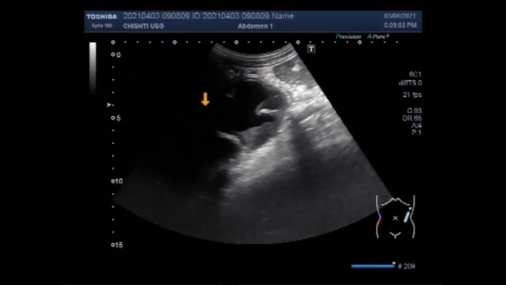Now this is the kidney, left kidney, and you will see the tracing of the ureter. This is the pus or sludge seen in the dilated pelvicalyceal system.